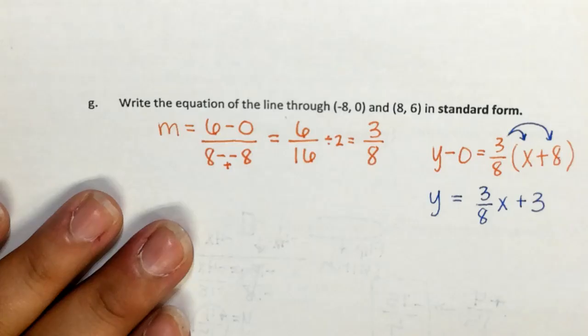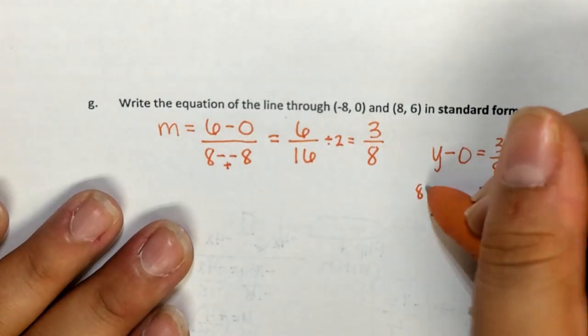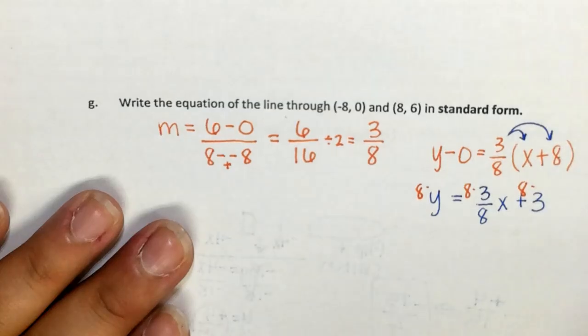Okay. Standard form. Standard form means no fractions. So what do I need to do to get rid of these fractions? Multiply everything by 8.